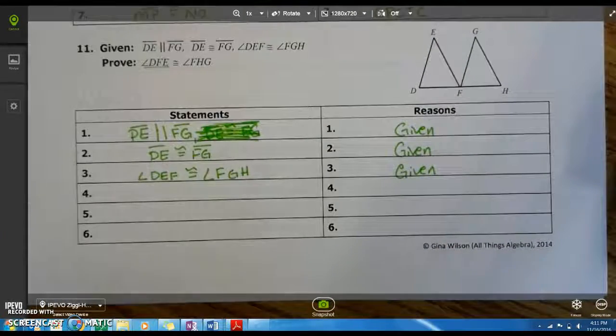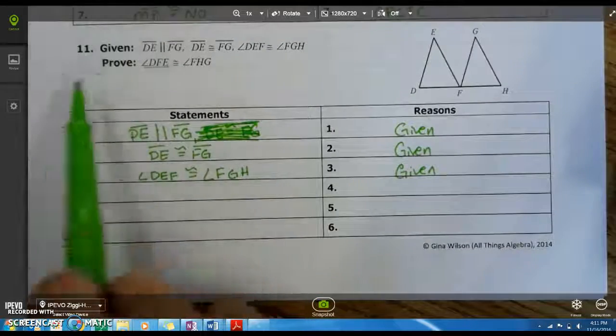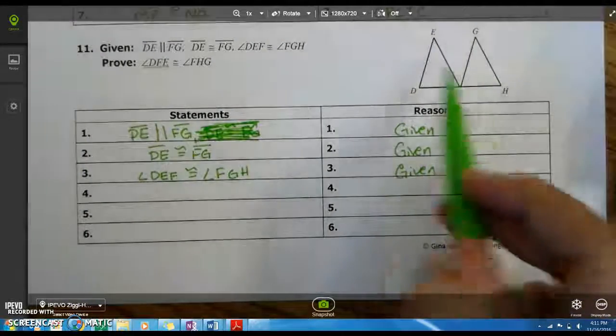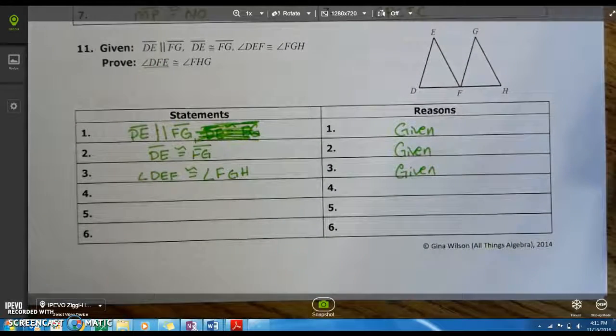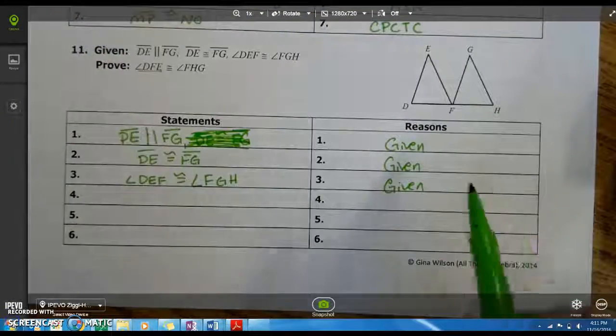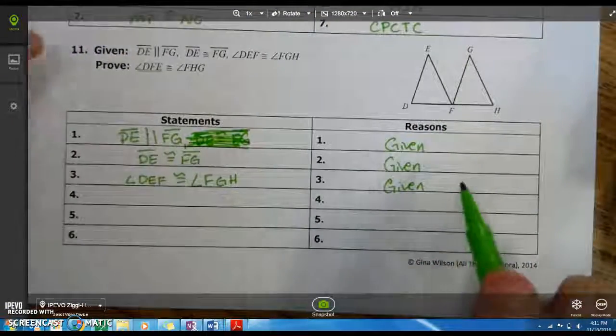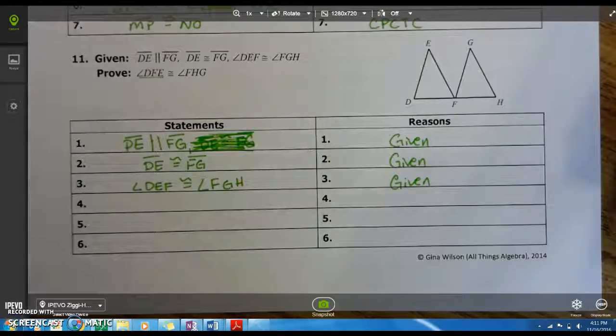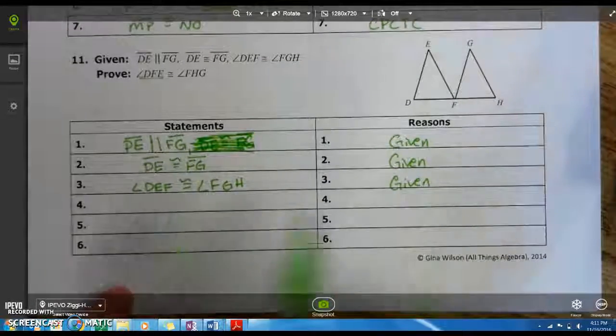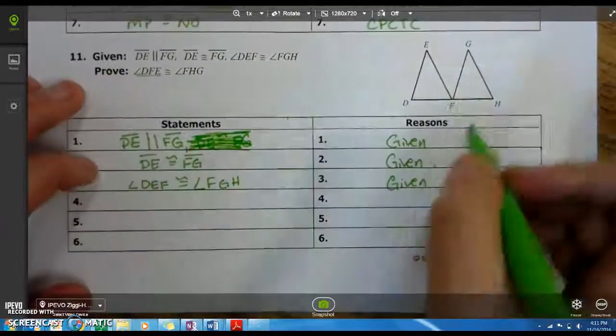Then the last thing we've got is this number 11. I've got two triangles, and I've got parallel lines again. Okay, so let's go ahead and use the idea of parallel lines and look at it. Sorry about that. Hopefully the intercom won't come on again. The parallel lines, right?